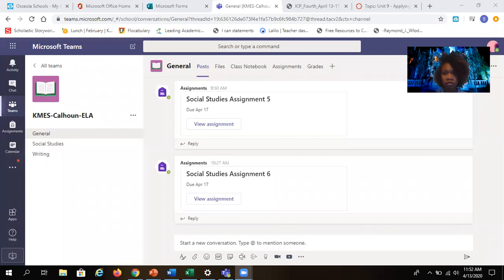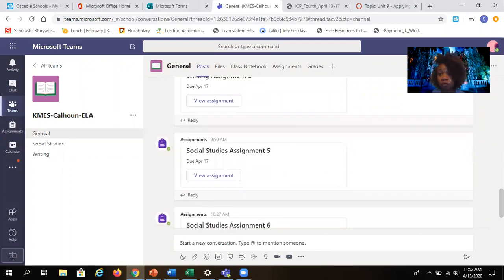Let's share my screen. All right, I can't see anything, so bear with me. There we go. Okay. So I've taken you to our team page, which is the general page.